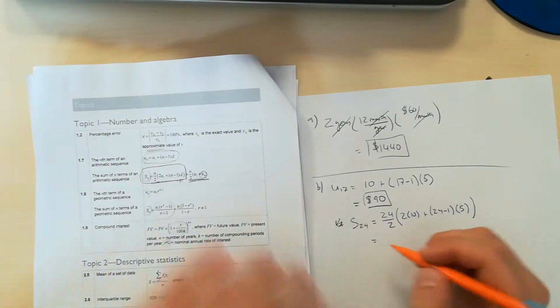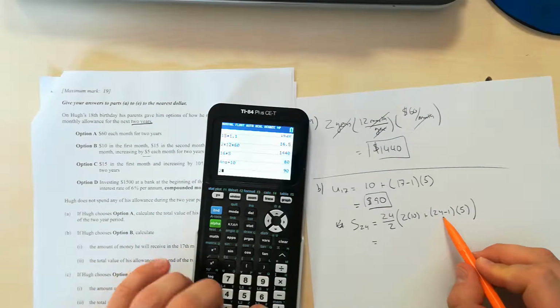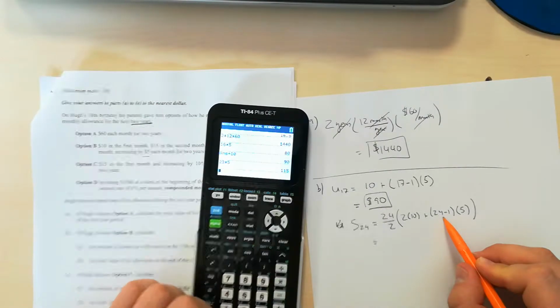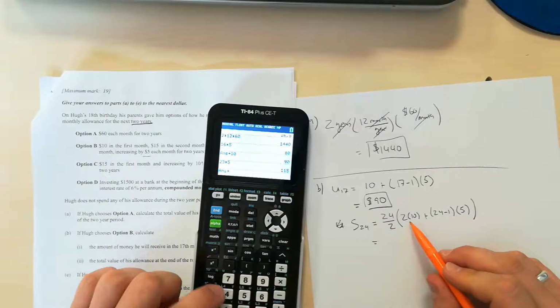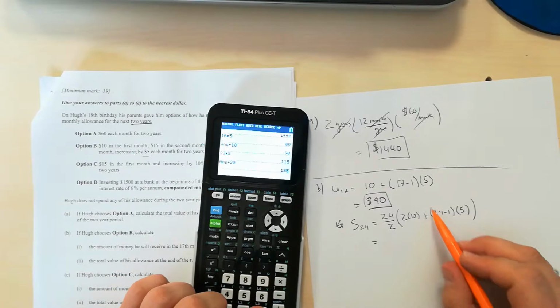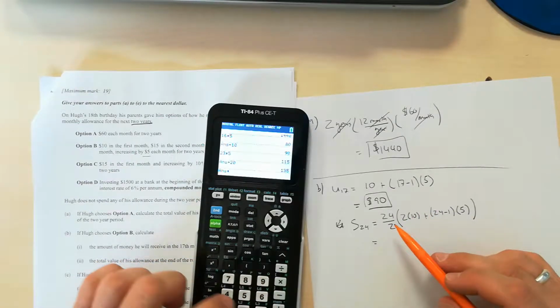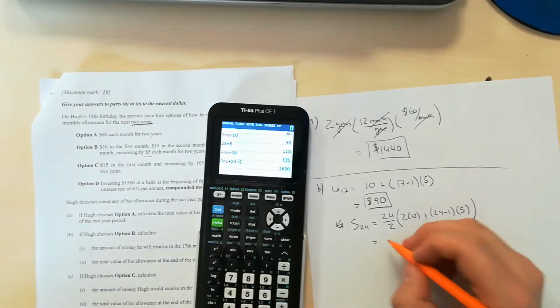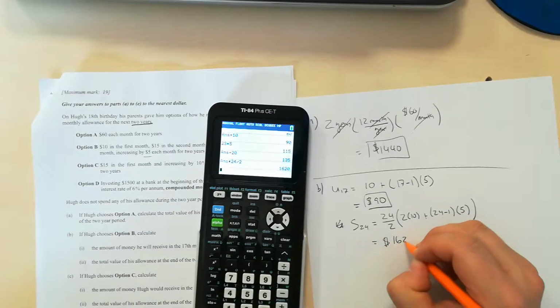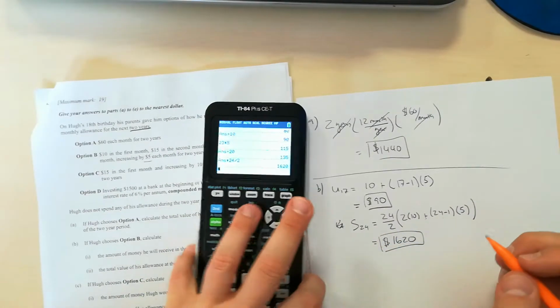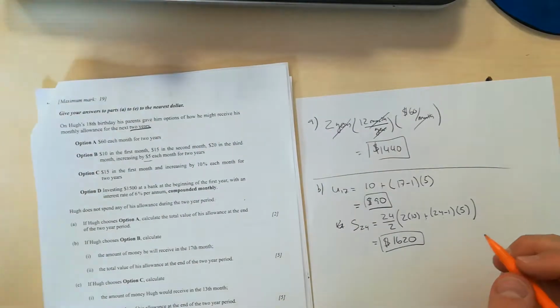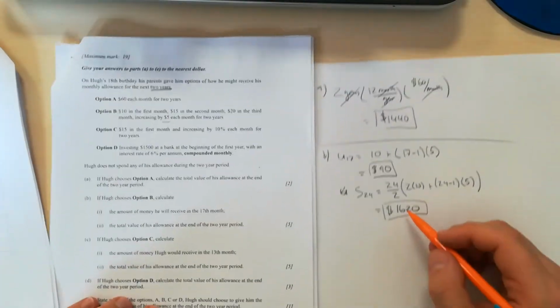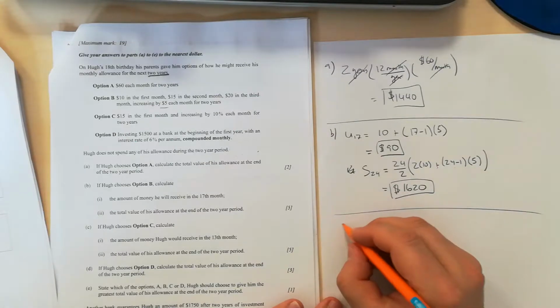All of that put into our calculator. So I'll go ahead and start over here. 23 times 5 plus 2 times 10, which is 20, and all of that times 24 divided by 2. You would have $1,620 at the end of the 2 years.